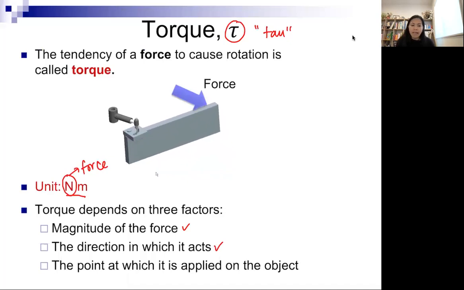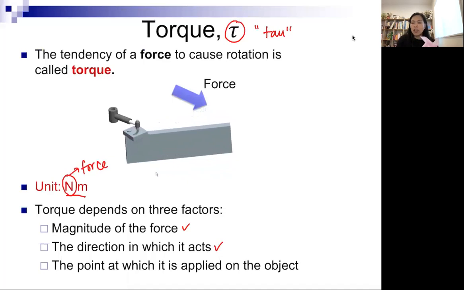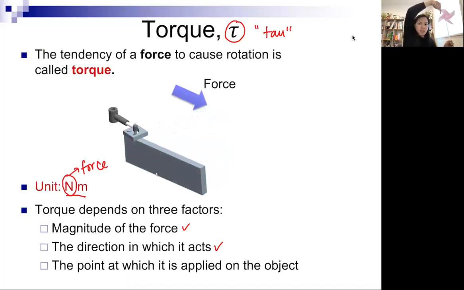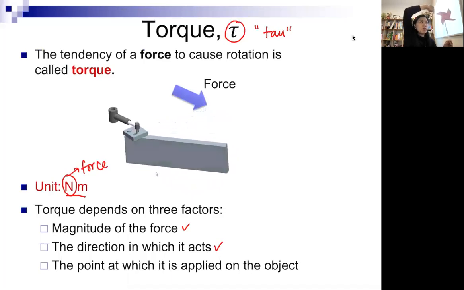And then the third factor is the point at which the force is applied on the object. So notice how if I push at the end, I hope you can see the video quite clearly. That's why I'm using the white background there. If I push downwards here, the pinwheel will rotate.